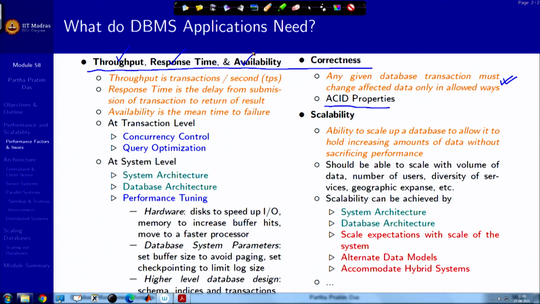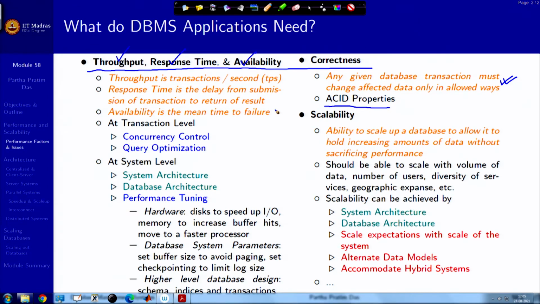One is throughput, that is how many transactions per second can be performed, called the TPS of the system. Second is response time. Response time is the delay from the submission of a transaction to the return of the result. So, TPS should be high and response time should be as low as possible.